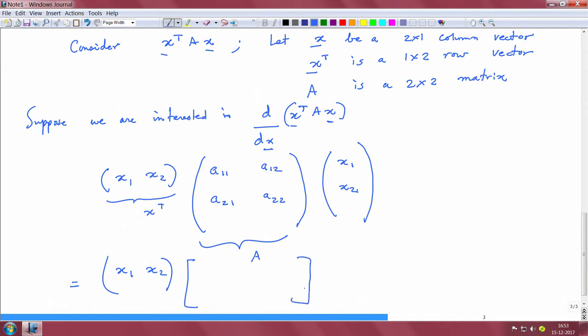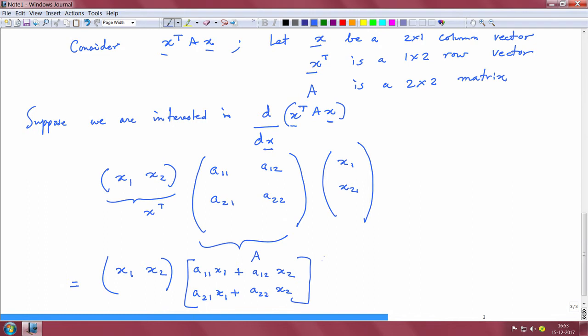So Ax is basically what we had earlier, which is A11 x1 plus A12 x2, then we have A21 x1 plus A22 x2, right.